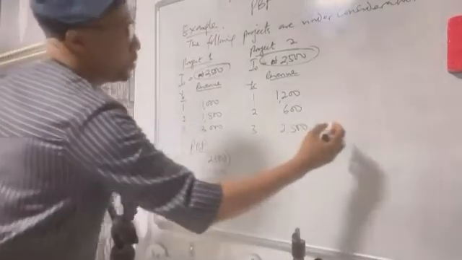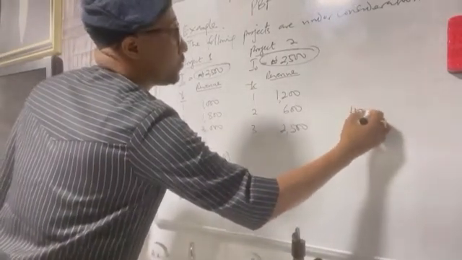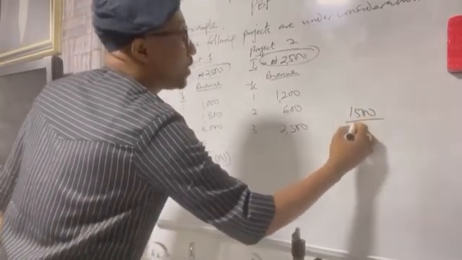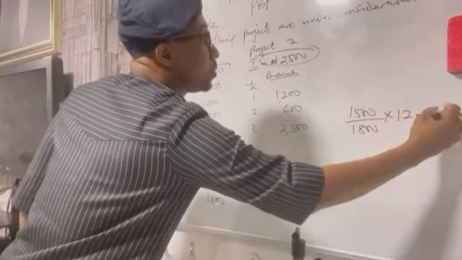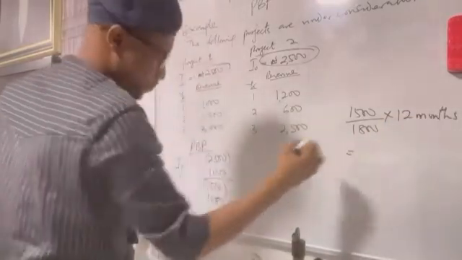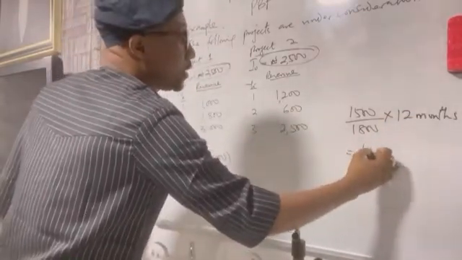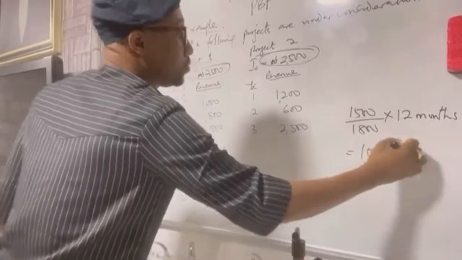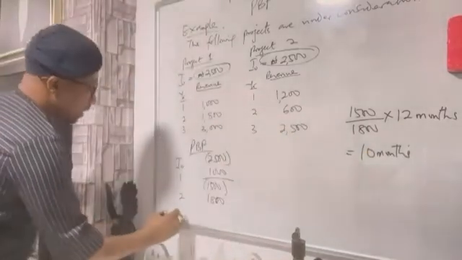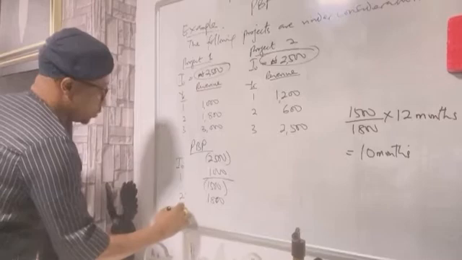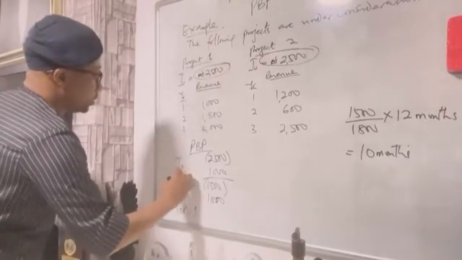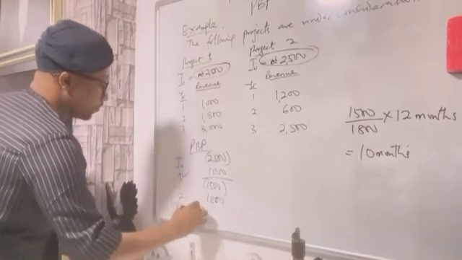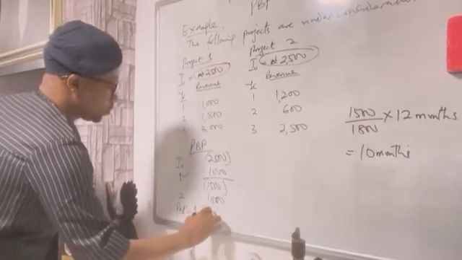That point will be 1,005 divided by 1,800 times 12 months that make up a year. That should give us 10 months. So the payback period for project 1 is 1 year and 10 months.